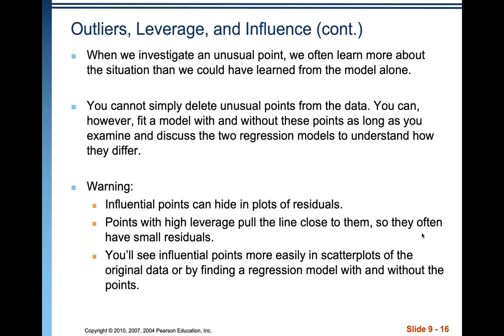But these influential points often pull the line toward themselves, and so they actually sometimes have small residuals. You're going to see influential points much more easily in scatter plots of the original data. Or you can always find the regression model with and without the points, and if it changes significantly, then you know that point was an influential point.